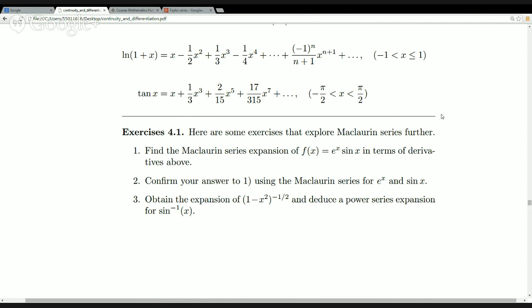Okay, using the product rule. So first of all, I've held e to the x the same. I've differentiated the second factor, and then I hold the second factor the same and differentiate the first factor. But of course, the derivative of e to the x is e to the x, so that's why it appears like this. And when I evaluate that at 0, well, again, I get nothing from this second term here, but from the first term, we're going to get e to the 0 times cosine of 0. So that will give us a 1 in total.